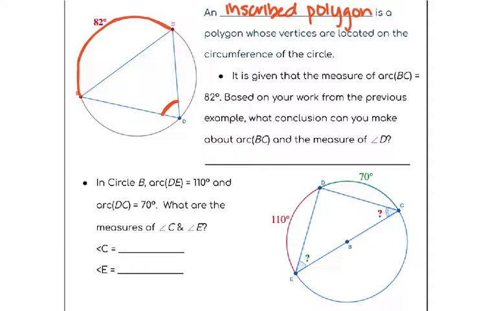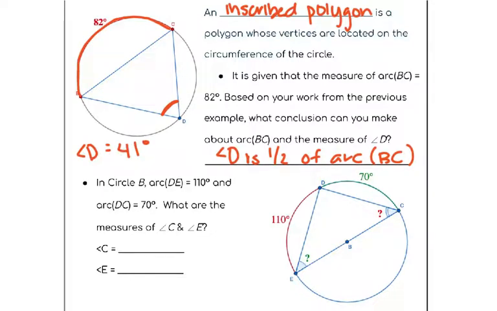Remember that angle D is an inscribed angle, and it's going to be half of what the central angle is, and the central angle is the same as the arc. So it will be half of the measure of arc BC. Okay, so if that's 82 degrees, then angle D should be 41 degrees.